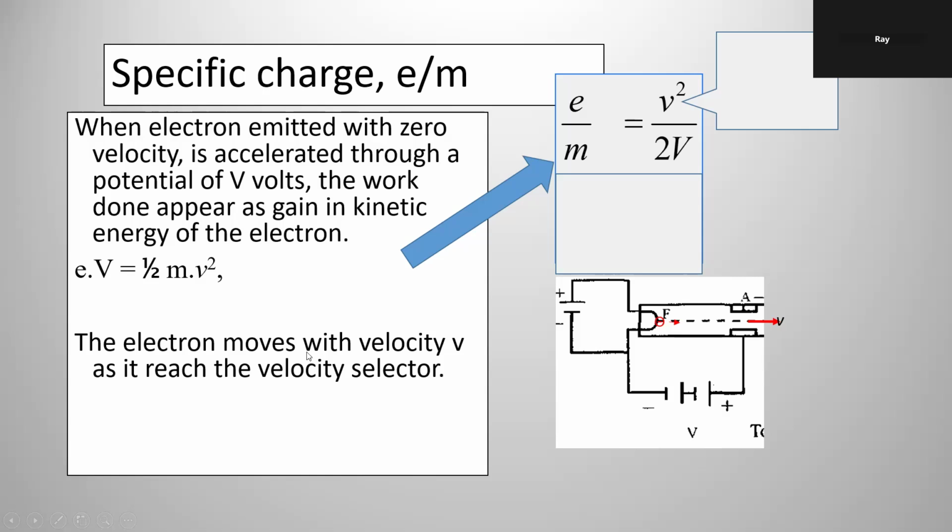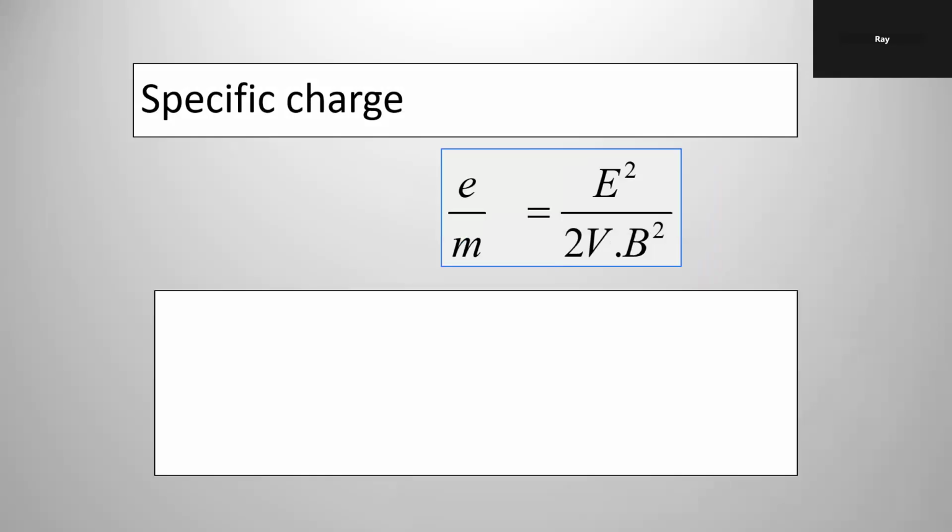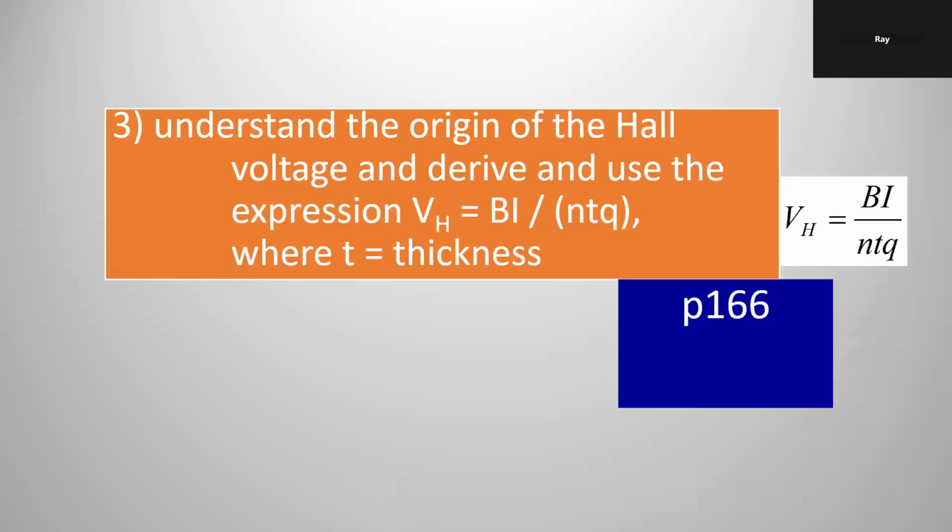The electron moves with velocity v as it reaches the velocity selector, then E over B replaces that v. As I say, this is just for info only. No need to worry about it unnecessarily. That's how we calculate the specific charge.